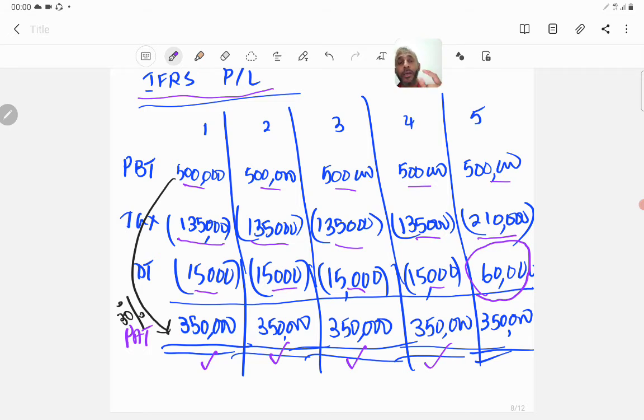Then I am unable to keep the confidence or the expectation of the shareholder at that time. In order to keep the profits smooth and to maintain the shareholder's expectation normal, we do this.